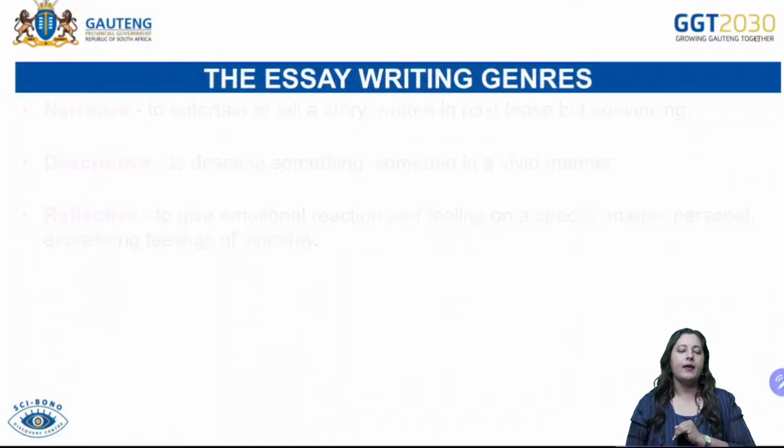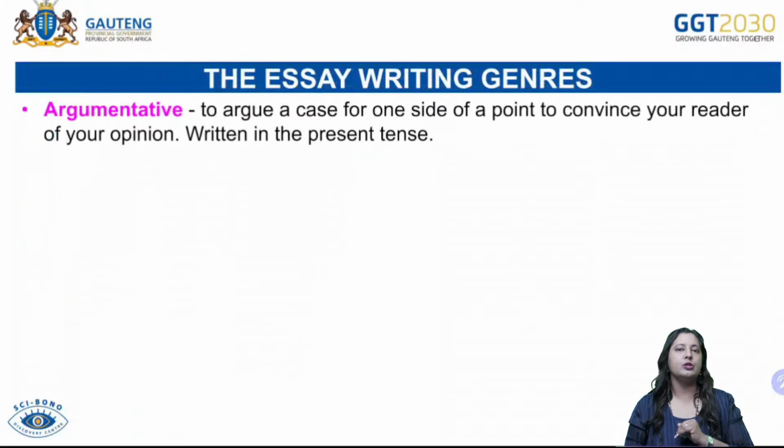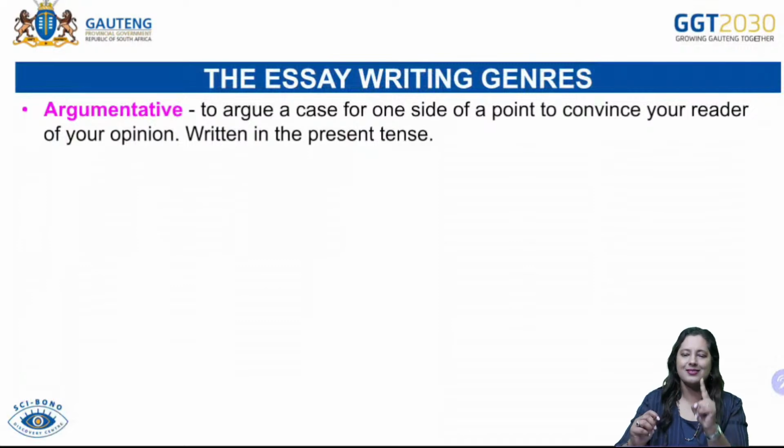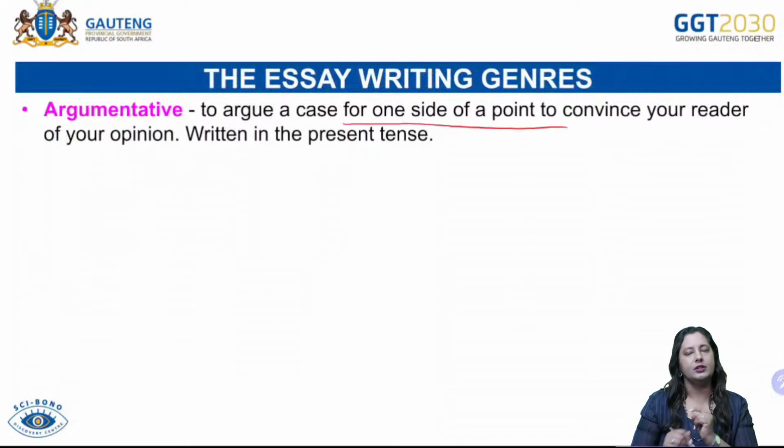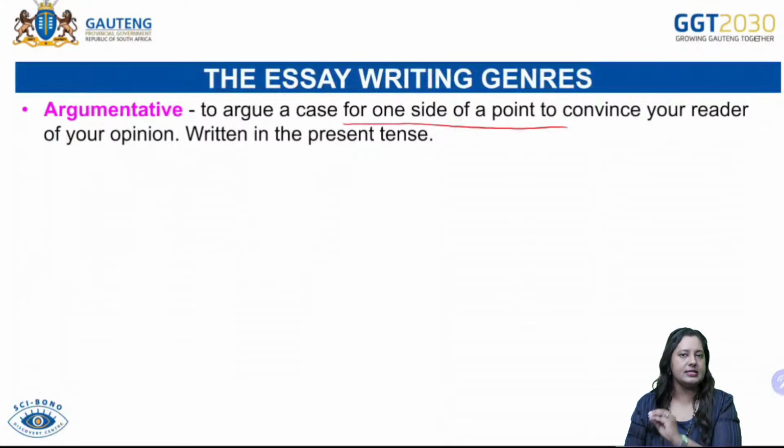All right. Then we've got the next one, which is the argumentative one. And this is the one that we thought would be the easiest because all of you love to argue your point and tell us how good you are at something. So here you are arguing a case, but you're arguing the case only for one side of the argument. So you're either for or against the statement that has been mentioned.